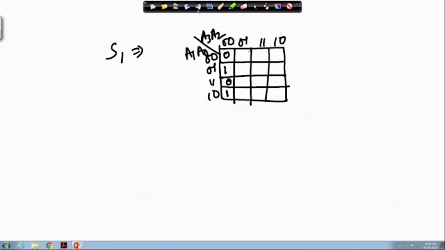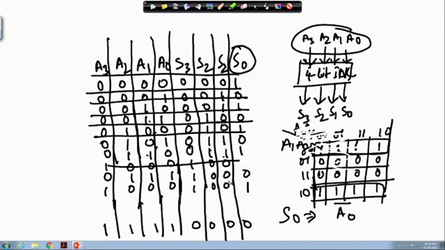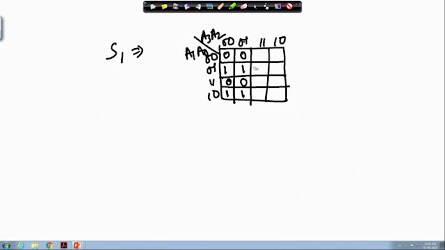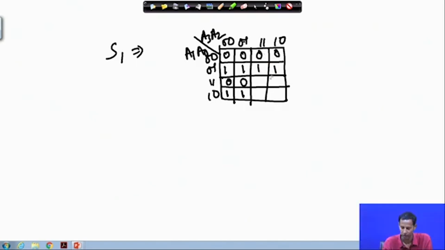In this fashion, the map will be filled like this.